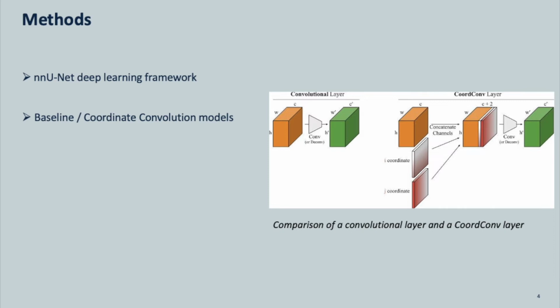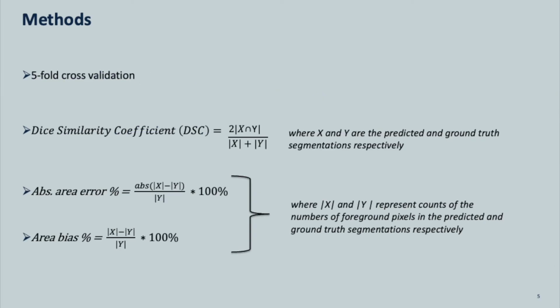The evaluation for both experiments was performed using a 5-fold cross-validation, which means that the data were split into 5 folds and each was held out in turn and evaluated on a model trained using the 4 other folds.